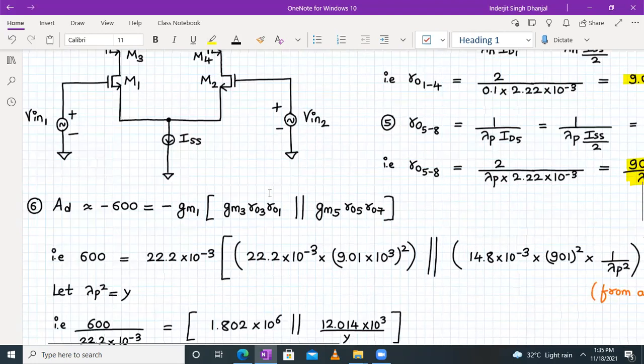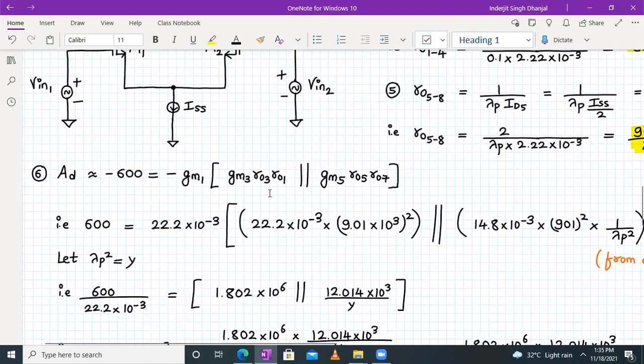Now we again come back to the formula. AD, the differential voltage gain, will be minus 600, which is equal to minus GM1 into GM3 RO3 RO1 parallel to GM5 RO5 RO7.